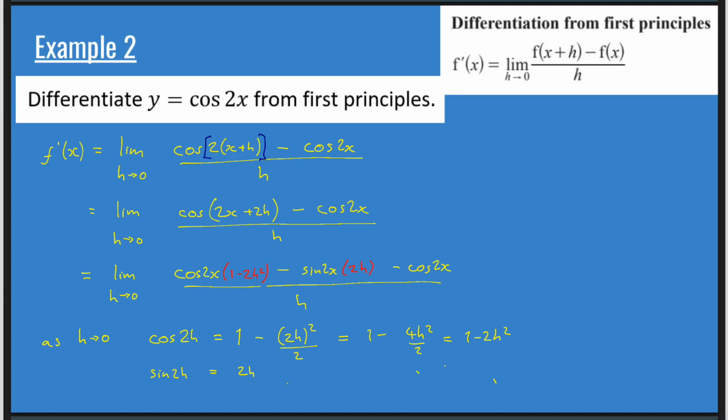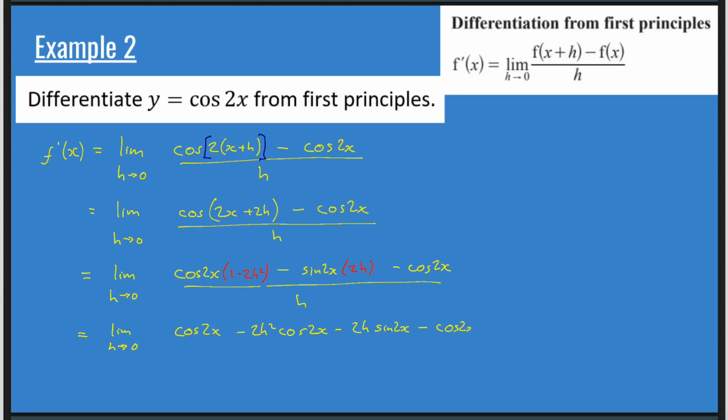So, to carry on with my line, I'm clearly going to expand this bracket here, which gives you cos 2x minus 2h squared cos 2x minus 2h sine 2x minus cos 2x, all over h, and again, boom and boom.